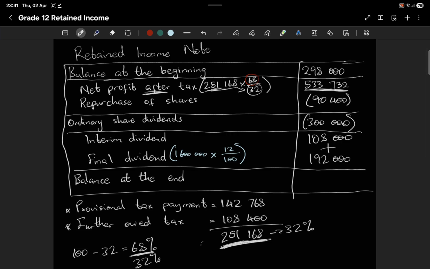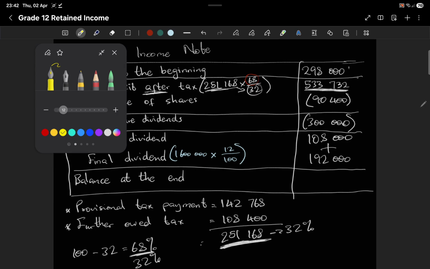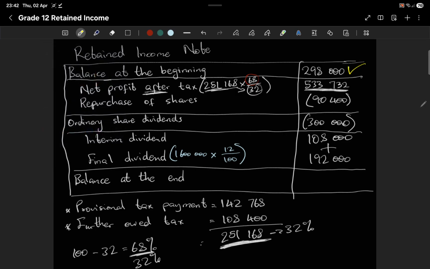Now, in order to get the balance at the end, you will say balance at the beginning plus net profit after tax, and what's in brackets, you minus.